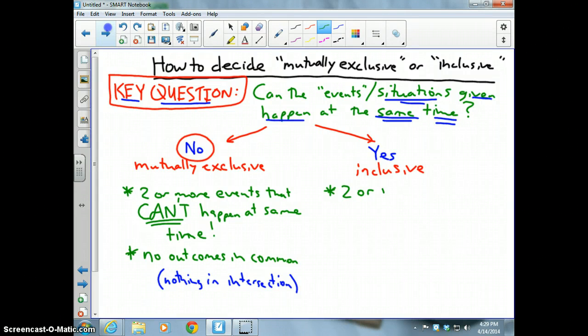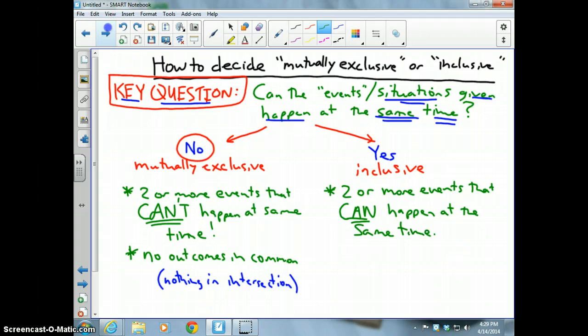Inclusive means two or more events that can happen at the same time. Okay? Two or more events that can happen at the same time.